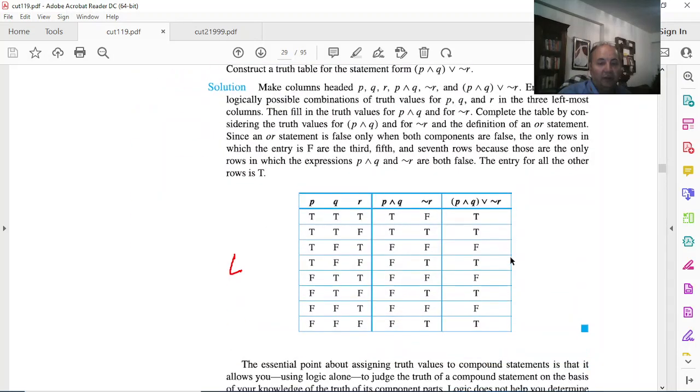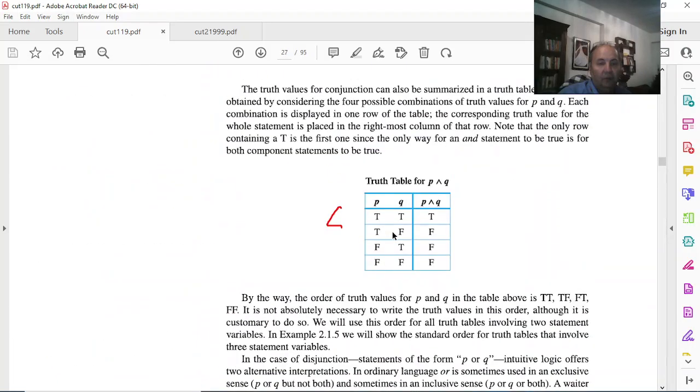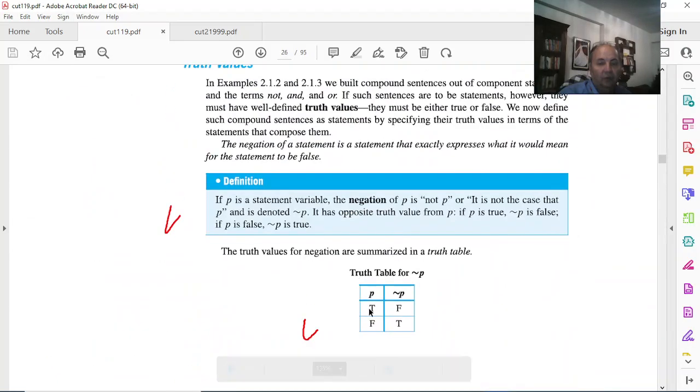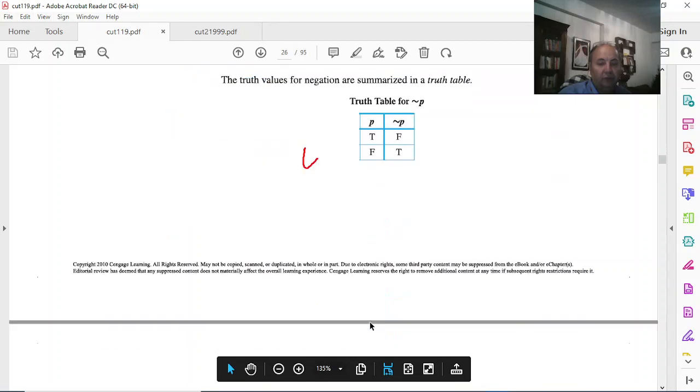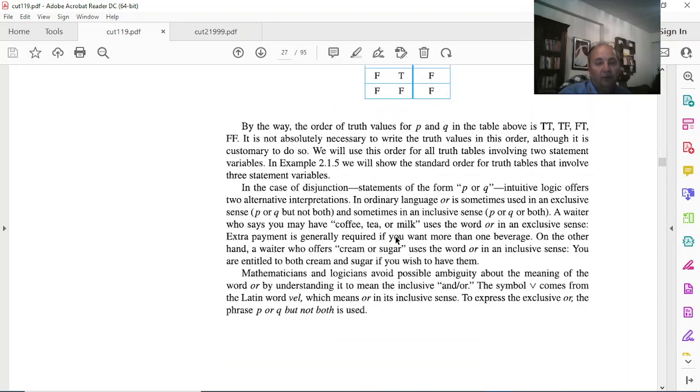Yeah, you can extend these truth tables by triple. If we have one logic input, 2 to the 1 is 2 options. If you have 2, 2 squared is 4 options.